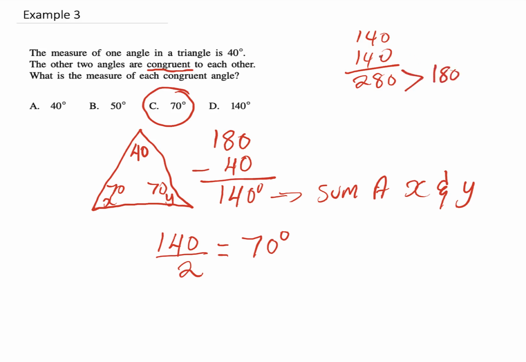So you know that that is incorrect, because when you add all the angles in a triangle, they should sum to 180. So 140 is not your answer choice. That 140 is the sum of the two remaining angles, X and Y. So if I have to find the measure of each of them, I would have to halve it, divide by 2.